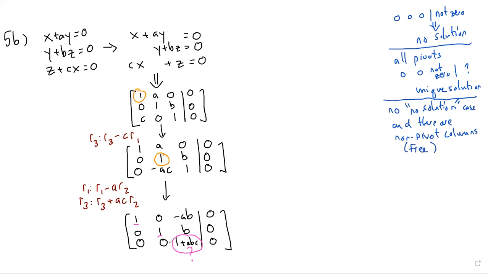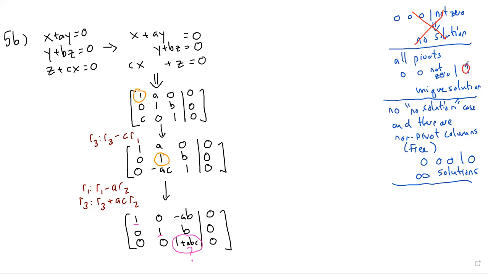And in this case, the only way to get a non-pivot column, since the first and second columns are pivots, is if that third one is not a pivot. That means that what we actually have here is a 0, 0, 0 and 0 case, and that would give me infinitely many solutions. And note that we can't actually have the first one because it's 0 on the right. So we actually get absolutely no case where there's no solution, but we are able to generate the other two.